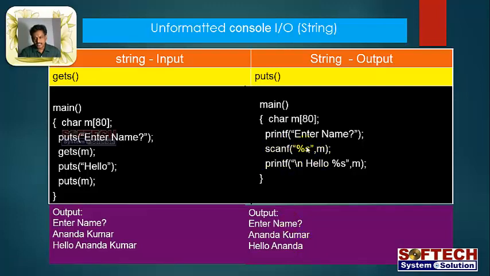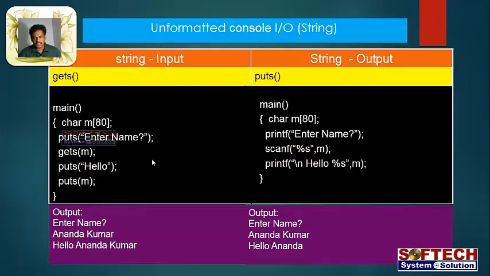So what is the reason to display only hello Ananda? Because through scanf we can get input of all kinds of data. If we want to give two inputs, how is it possible?